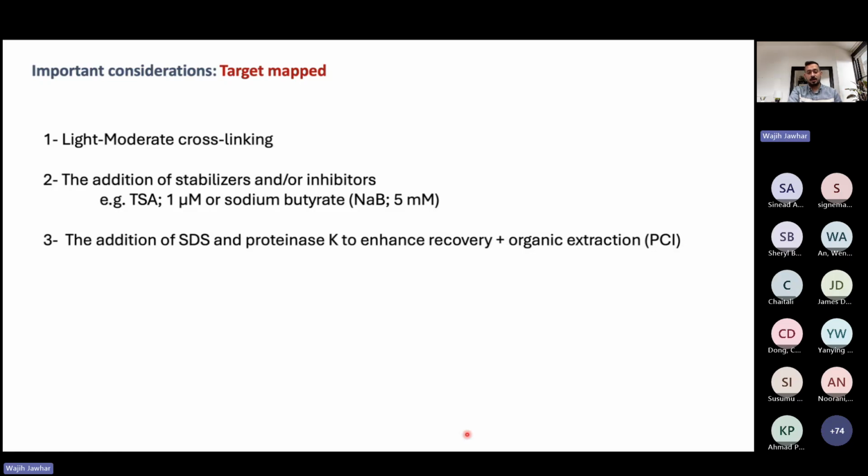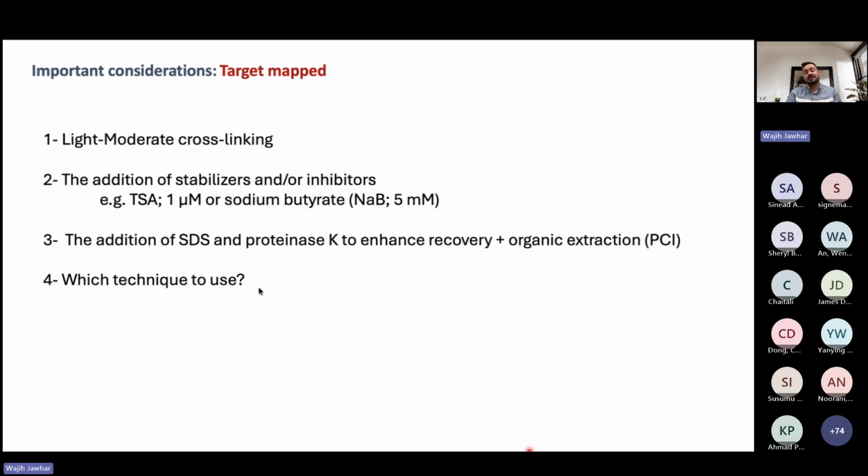And even though most oftentimes commercial protocols recommend the use of spin filter purification, the organic extraction method results in higher yield and also higher complexity of your final DNA output.